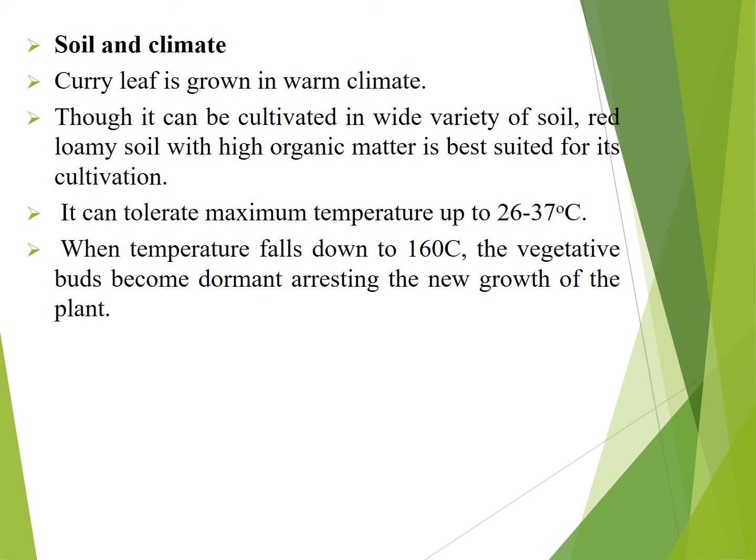It can tolerate a maximum temperature of up to 26 to 37 degrees Celsius, and when the temperature falls to 16 degrees Celsius, the vegetative buds become dormant, arresting the new growth of the plants. So the proper temperature should be maintained at the time of production.